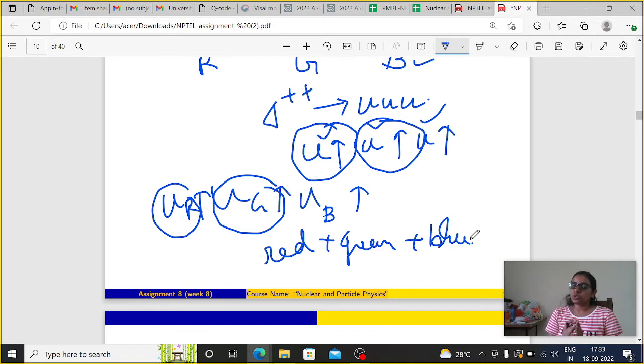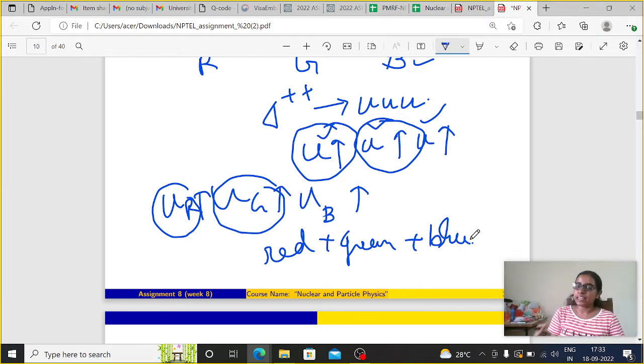So at the quark level we introduce three colors, but when we mix these three colors to produce one particle, let's say a proton, there should not be any color.